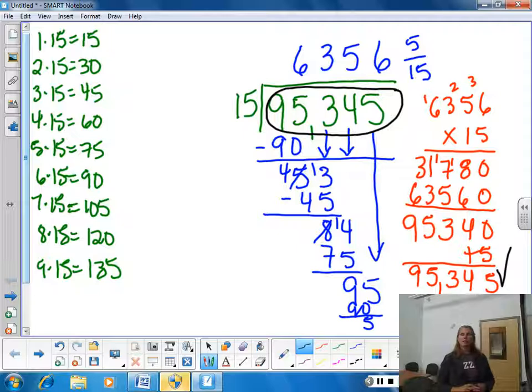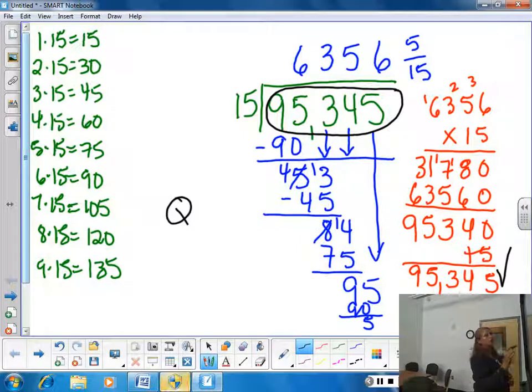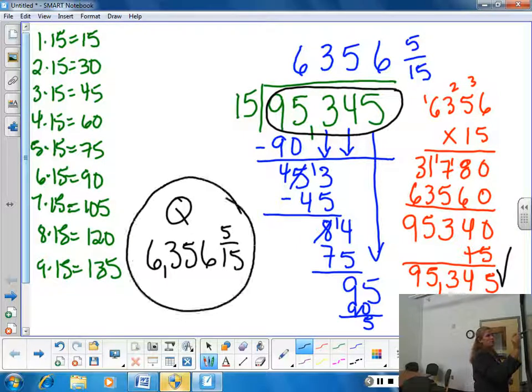Now I feel like I checked it. I know that my answer then, I'm going to call it Q for quotient, is 6,356 and 5/15. That is my answer.